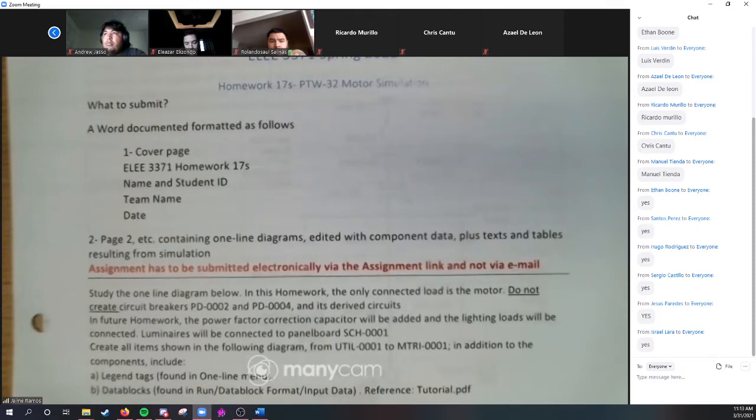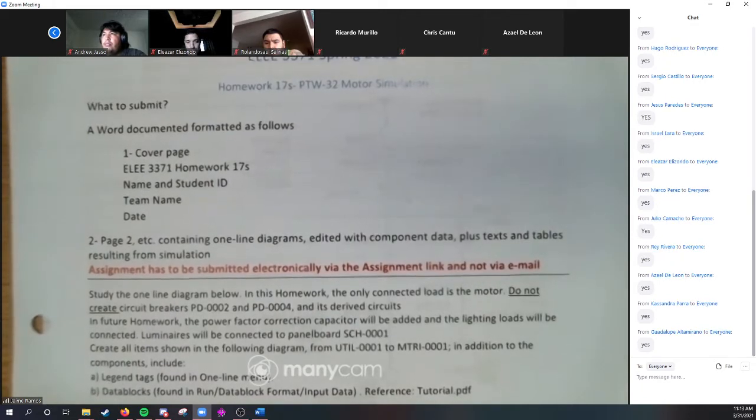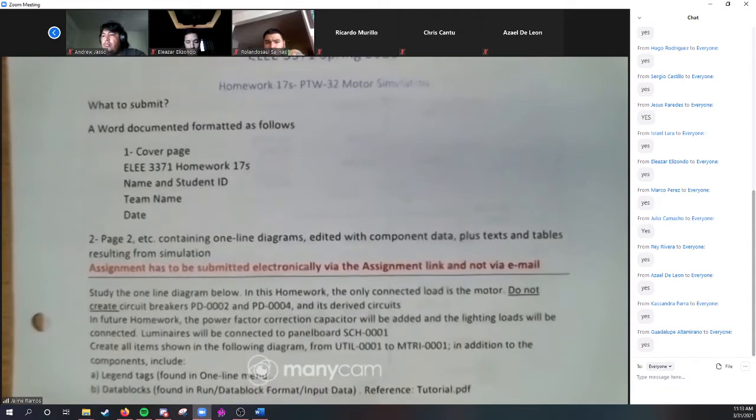Yes, okay. Still not too many. 1, 2, 3. Ethan, Santos, Hugo, Sergio, Jesus, Israel, Marco. So yes, if you can open PTW 32. Julio, Ray, Asael. Okay, Asael, you got it? Yes, I got it. Great. Okay.